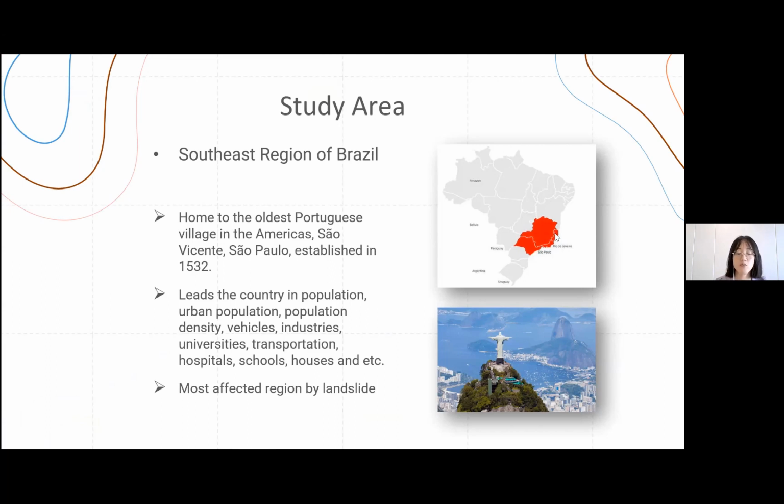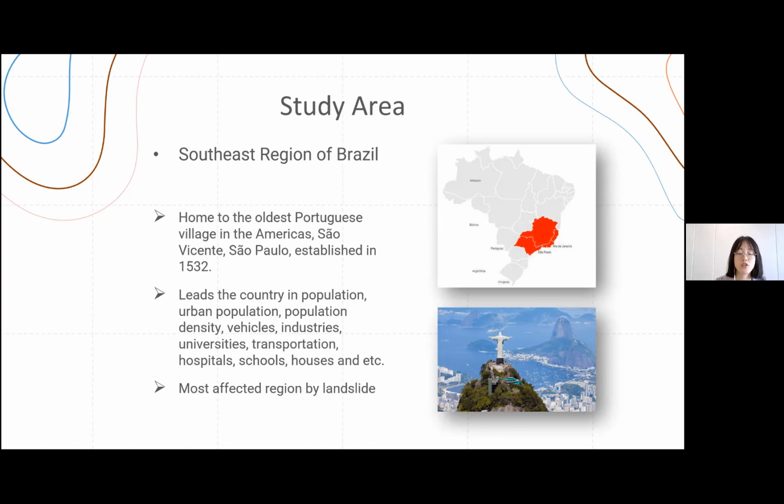This region also has the highest GDP in Brazil, and it's considered Brazil's urban and financial center. Famous cities like Rio and São Paulo are both located in this area and attract tourists from around the world.